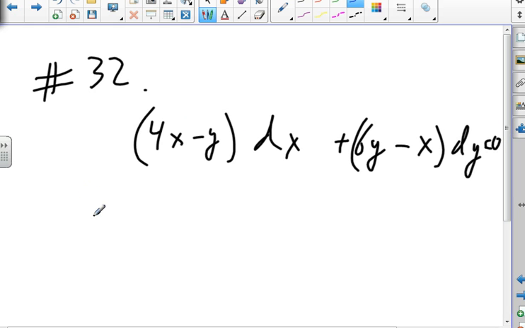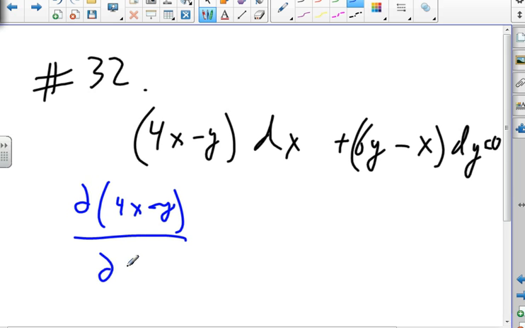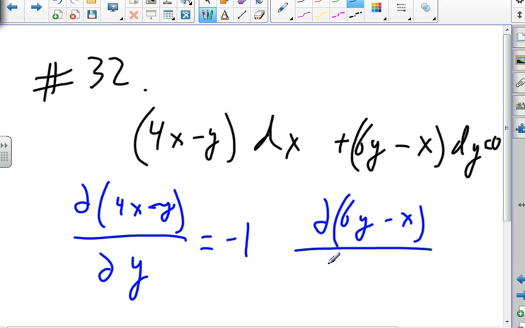So to see if the method works, we're going to look at the partial of 4x minus y with respect to y, and we get a minus 1. And we're going to look at the partial of 6y minus x with respect to x, and we get a minus 1.